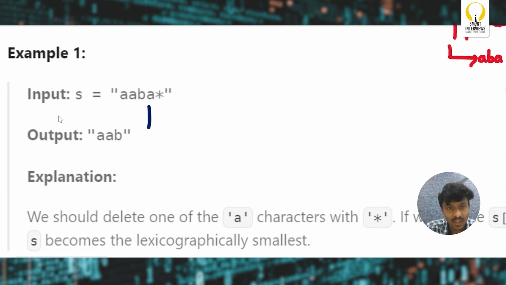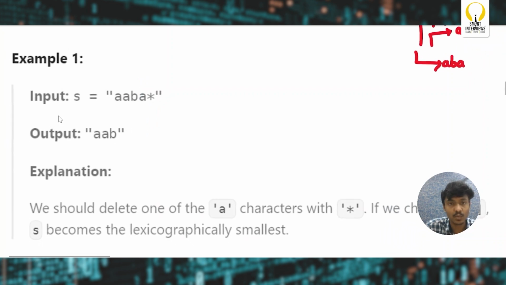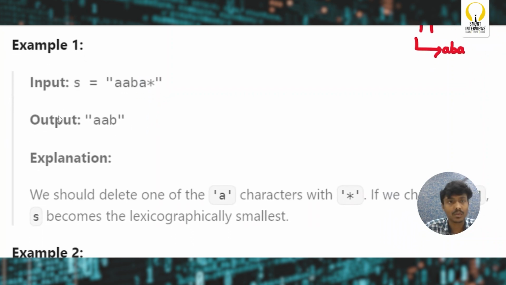When you have A, of course you are going to remove A. Unless and until all A's are removed, you are not going to touch B. This point is clear. So for this character, are you going to perform any operation? No. For this character? No. No. When you are here, you're going to search for the smallest character and delete it.